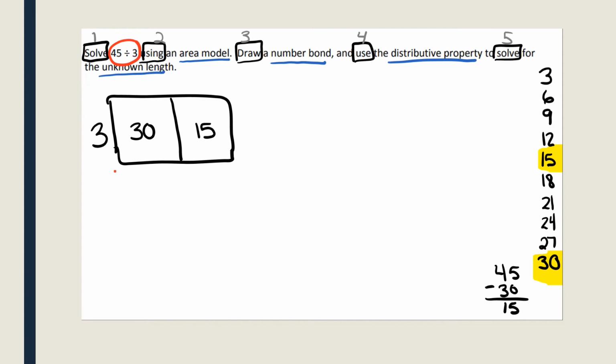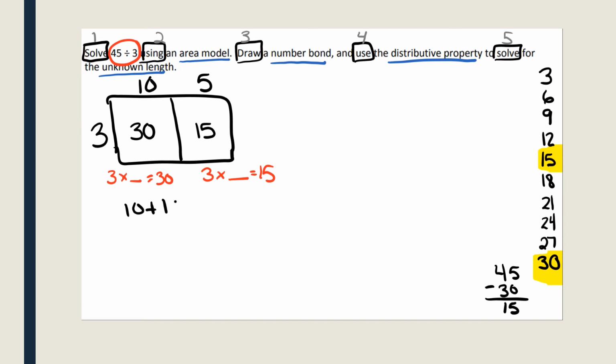So I can think in my head, 3 times something equals 30, 3 times something equals 15. So even if I don't know the division facts, I can flip it around and do multiplication instead. So I know 3 times 10 is 30, and 3 times 5 is 15. And so now I have my partial products.